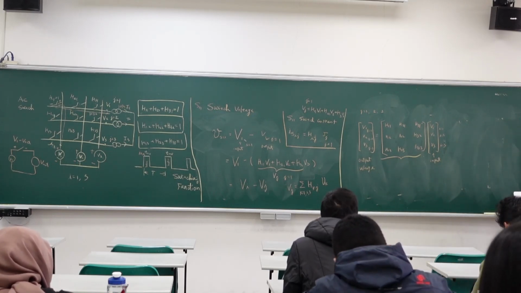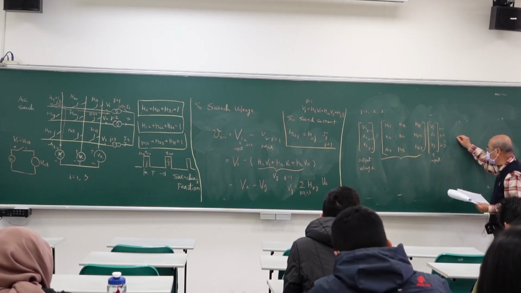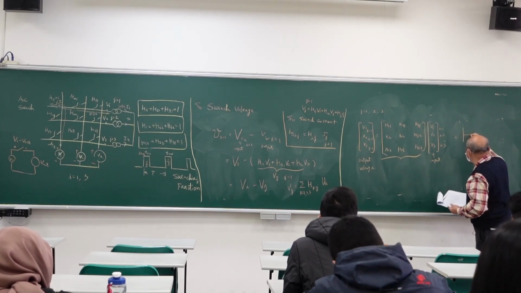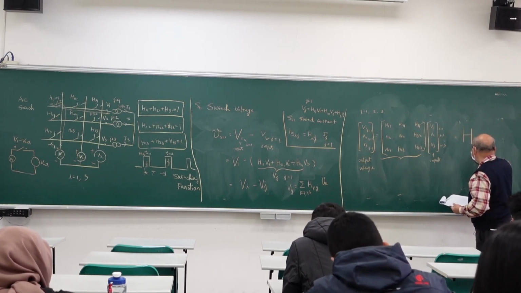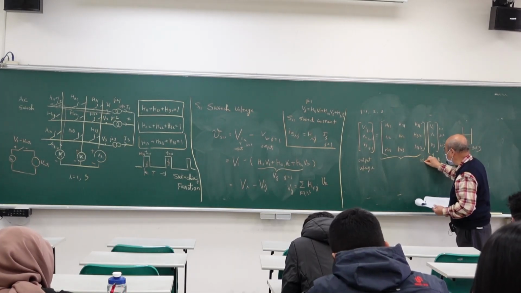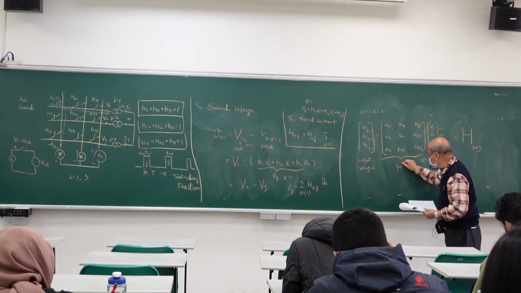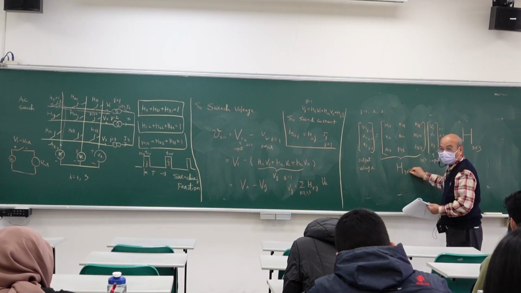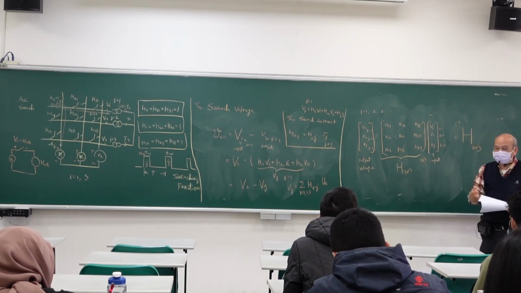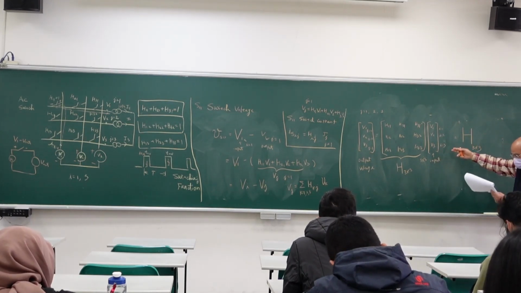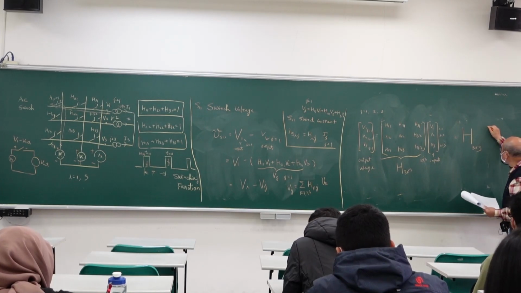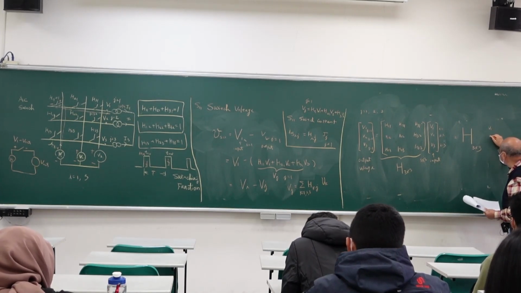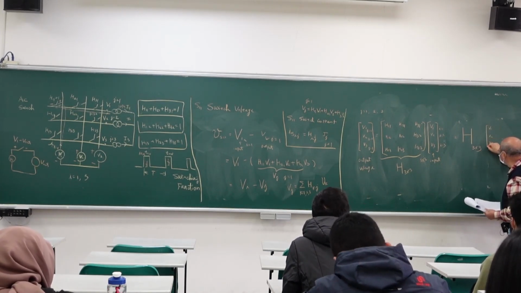So if we can do this, then what can we do? We can call this a 3 by 3 matrix. We call it H, 3 by 3, right? Only a matrix. How about this one? This is a vector. So we have V1, V2, V3.